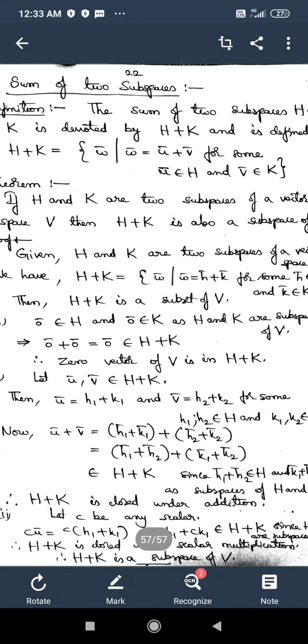So when H and K are subspaces, H plus K is also a subspace.